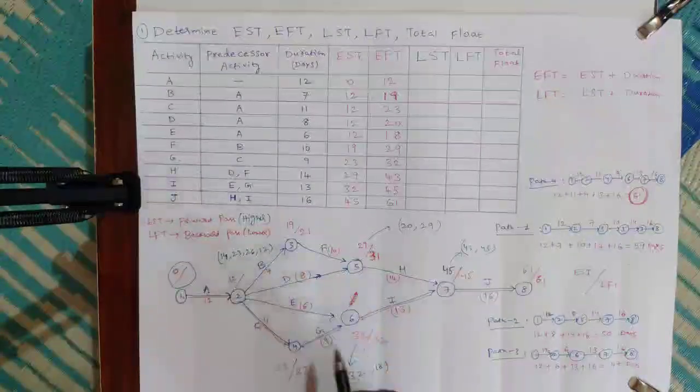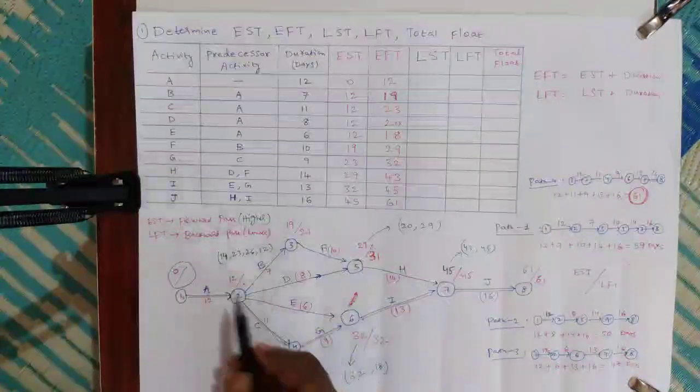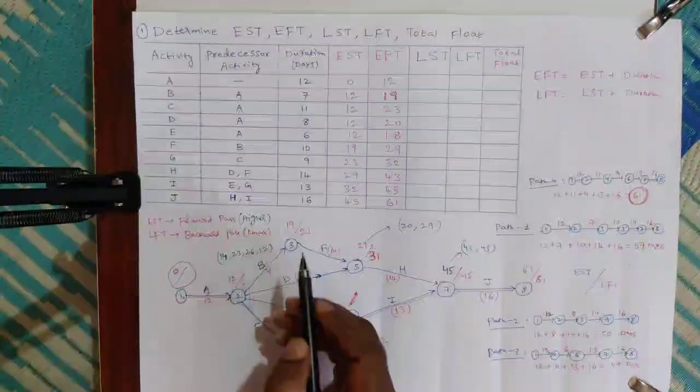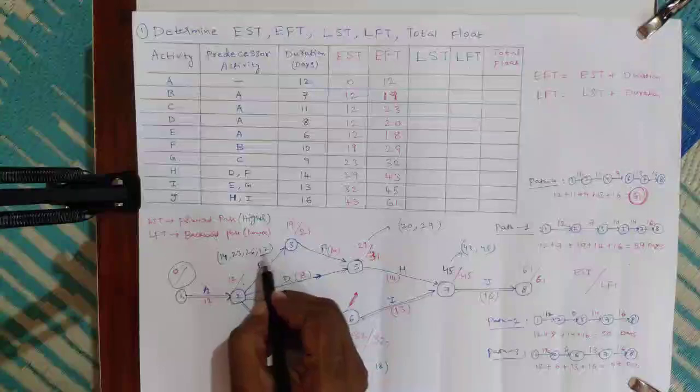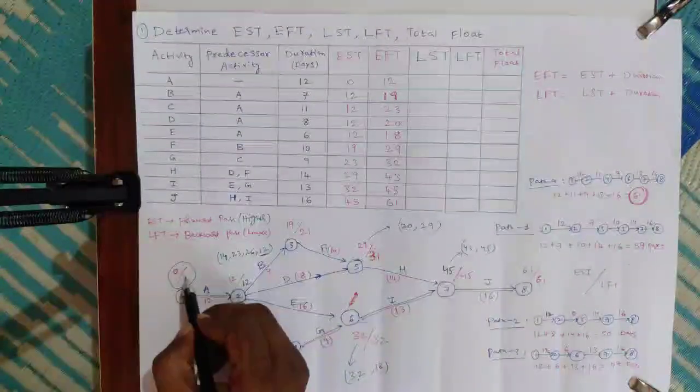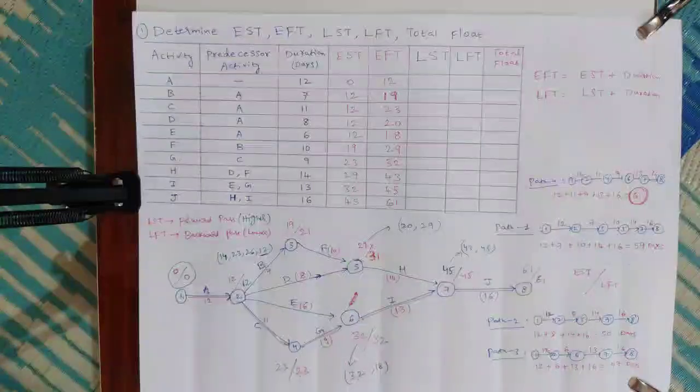Okay, out of 4 values we need to write one value here. This is a backward pass, and in the backward pass we need to consider the lower value. So in these 4, 12 is the lowest one. So I am writing 12 here. Okay, and 12 minus 12, 0. This backward pass is also completed. That is LFT we have completed.